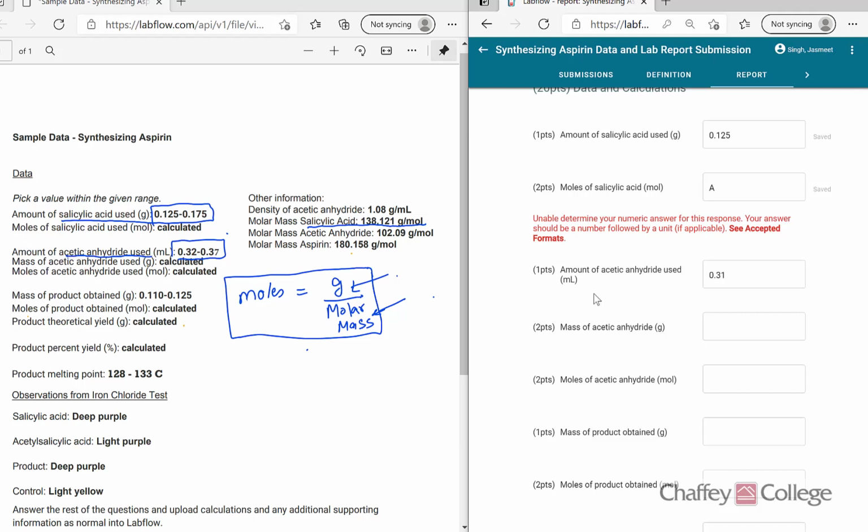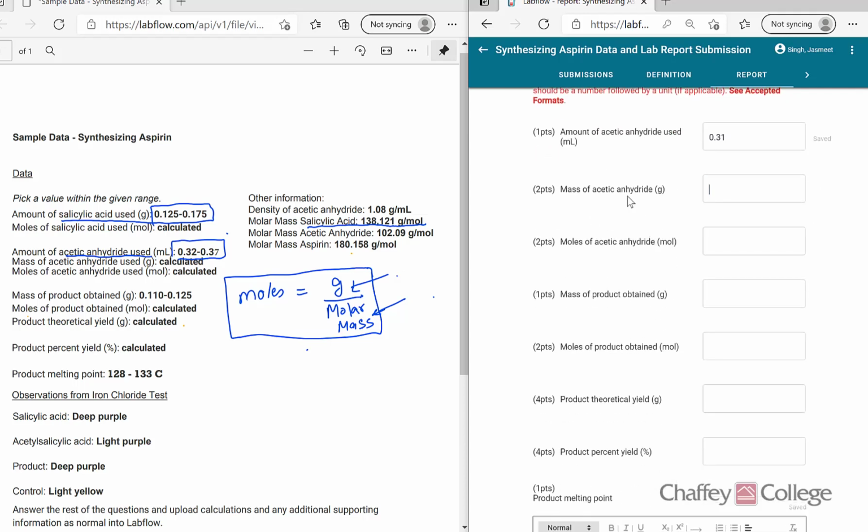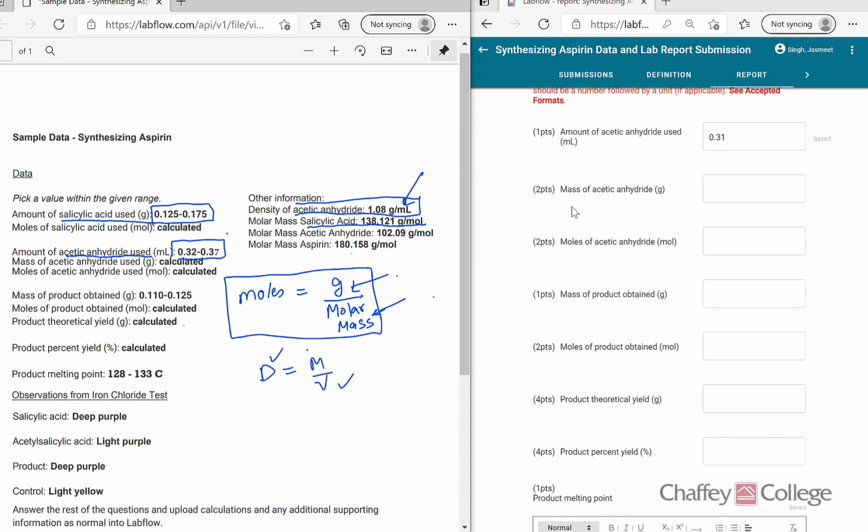The next is the mass of acetic anhydride. So mass can be calculated from the volume if we know the density, and density is given to us. Density of acetic anhydride is given here. So the formula is, we know that density is equal to mass over volume. So we know the volume, we know the density, therefore mass is equal to density multiplied by volume.